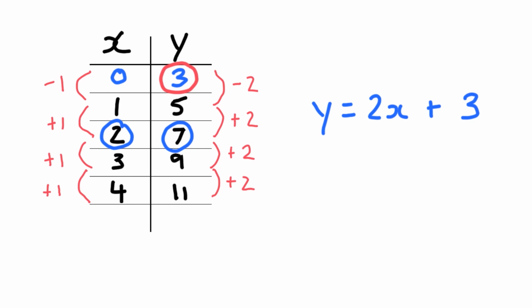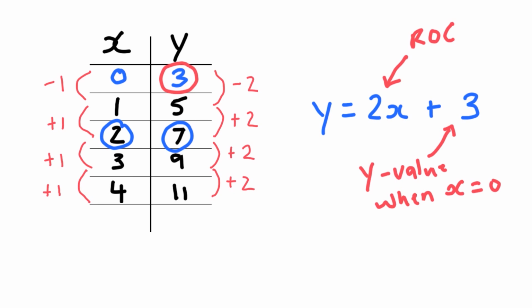So just a reminder, when we're finding our linear equation, y is equal to something x or something like that, we calculate the rate of change, and that goes in front of our x value. And our constant that comes after, either a plus 3 or a minus 5 or something like that, this is the y value when x is equal to 0.